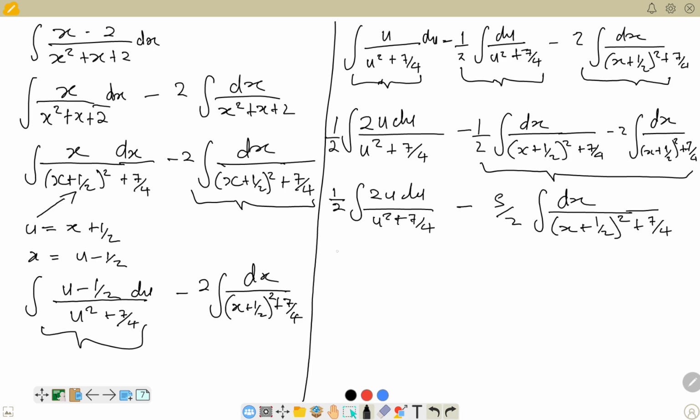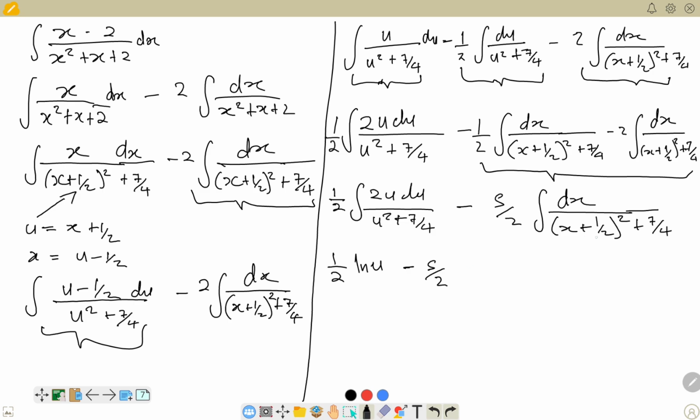So now when I integrate, I'll get that this is equal to 1 over 2 ln u squared plus 7 over 4, minus 5 over 2.